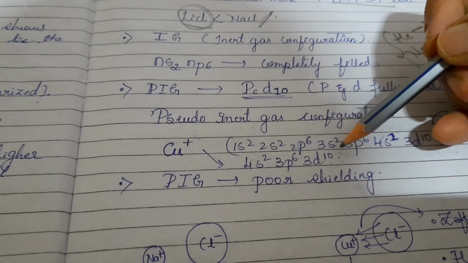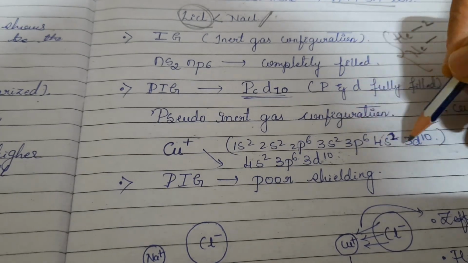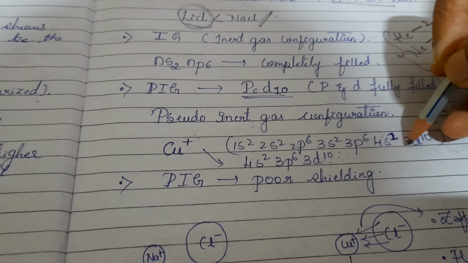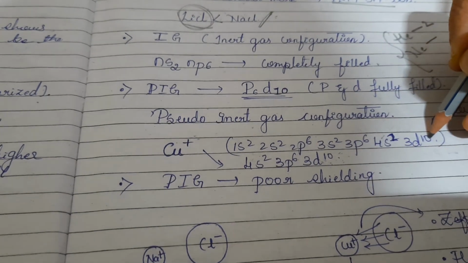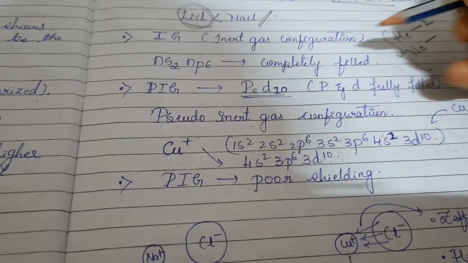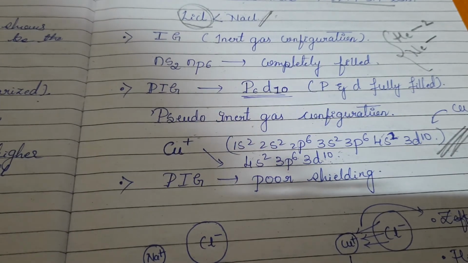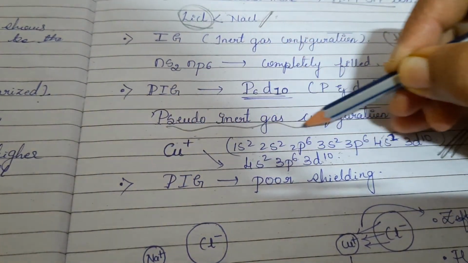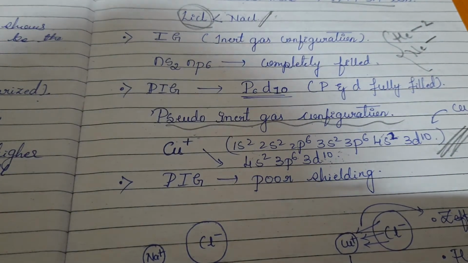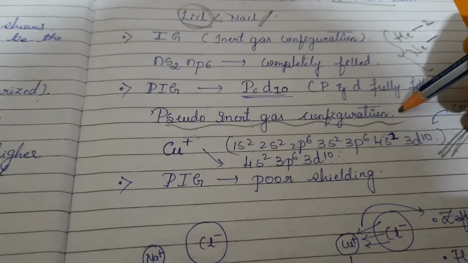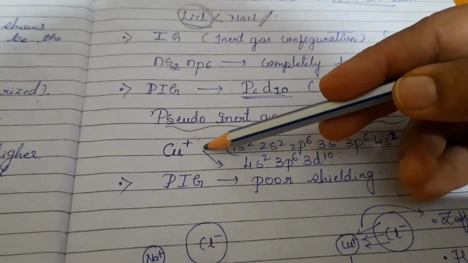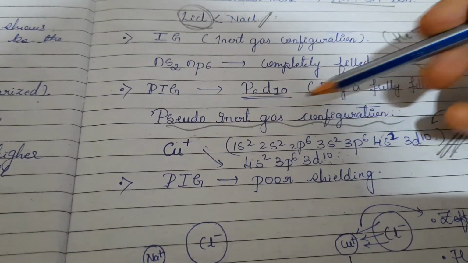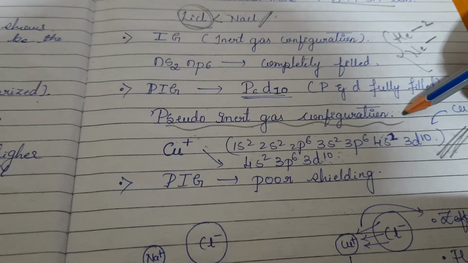But in fact, when you write the configuration here, its octet is not at all completed. So that condition we can consider as pseudo inert gas configuration. Elements that show this in the form of ions are considered pseudo inert gas configuration elements.